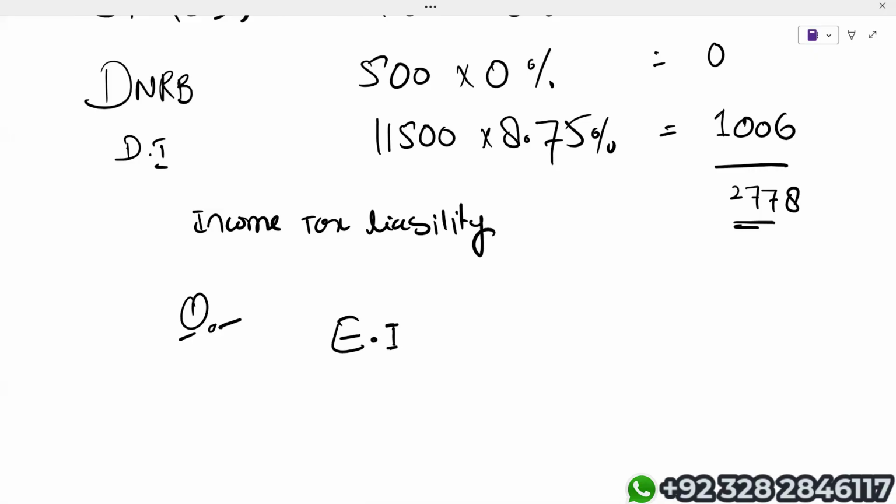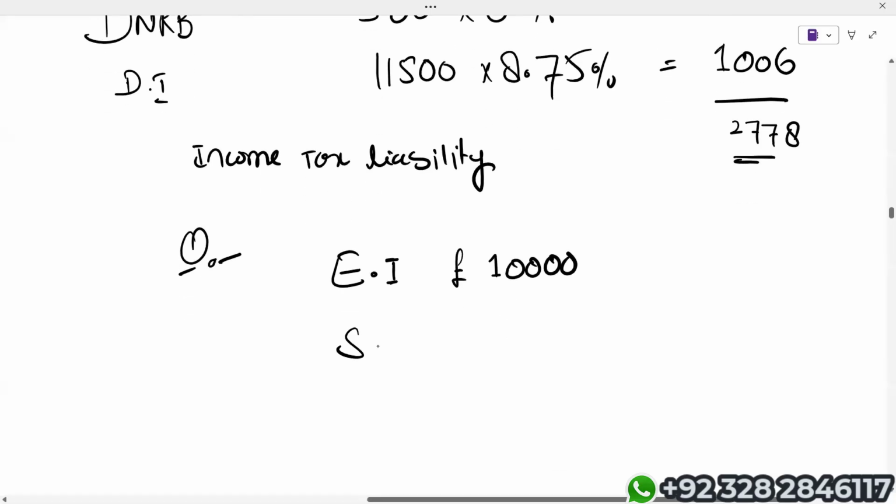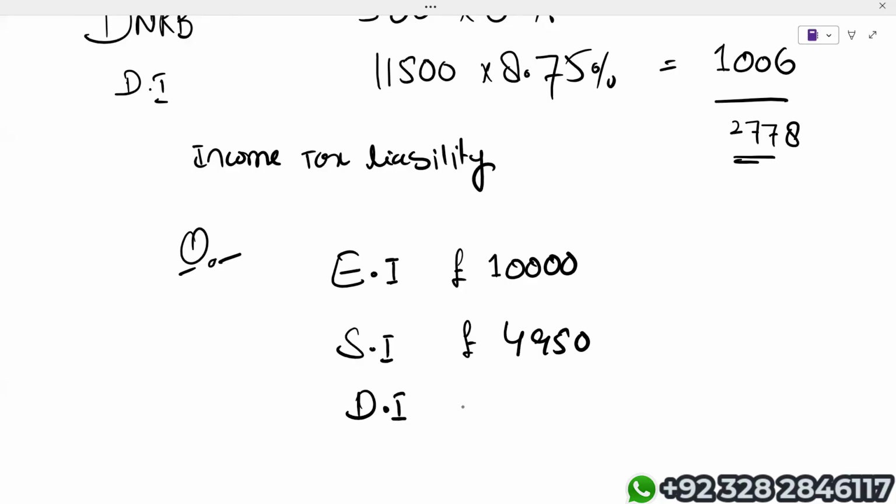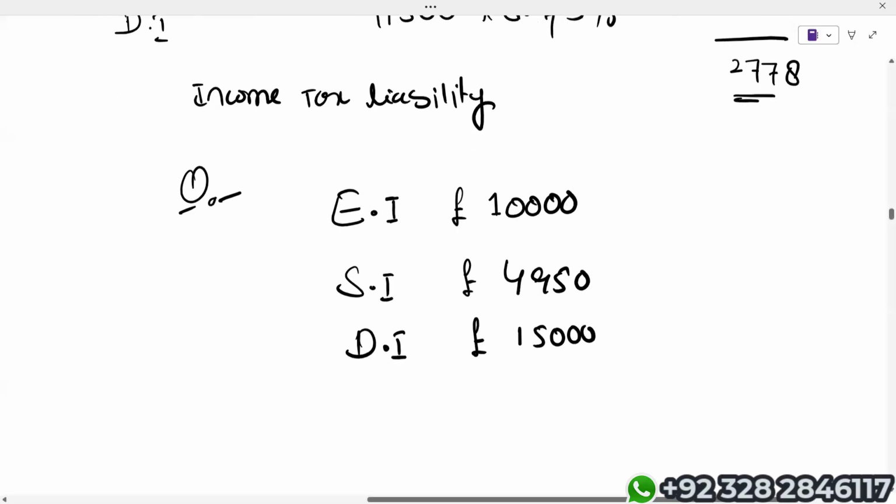Let me give you one more example, and I really want every one of you to attempt this. Employment income, assuming employment income is 10,000 pound, savings income is 4,950, dividend income is, let's say, 15,000. Required: income tax liability. Students, again, I'm giving 5 minutes to everyone, even though this question needs more than 5 minutes, but still I'm giving you 5 minutes.